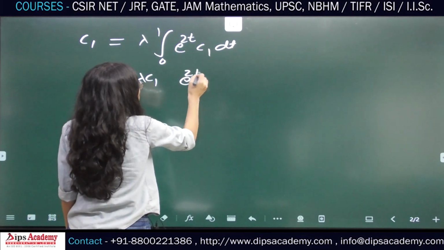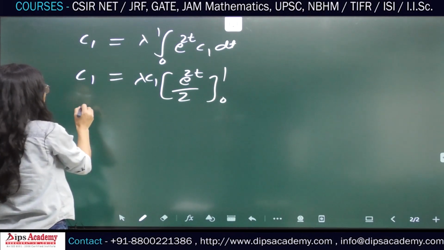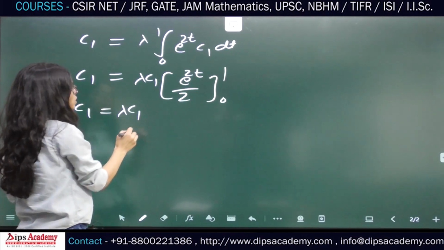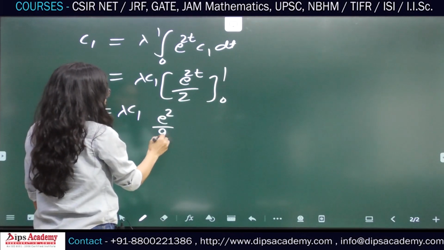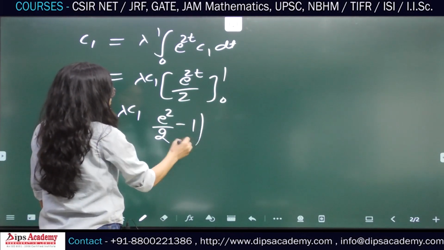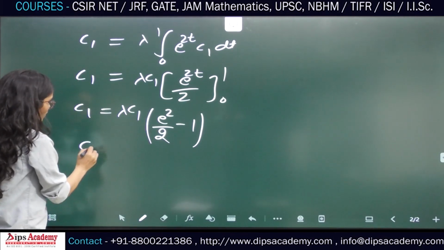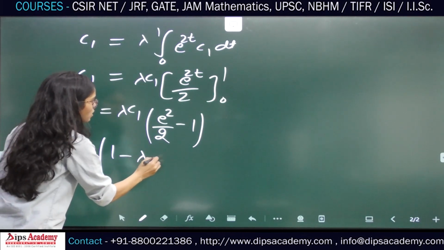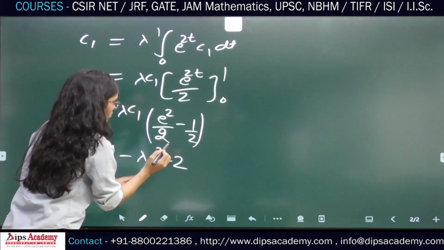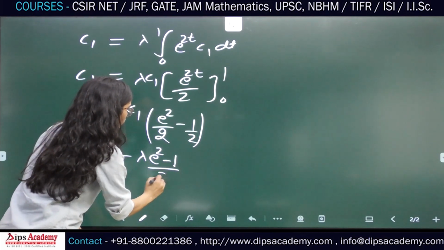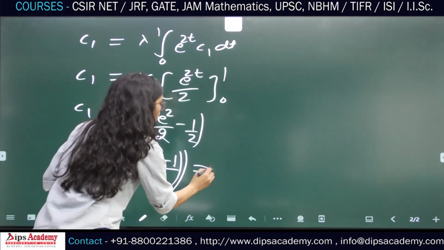The integral of e power 2t is e power 2t by 2, so c1 equals lambda c1 times e square by 2 minus 1 by 2. Finding the value of c1, we get c1 times 1 minus lambda times e square minus 1 by 2 equals 0.